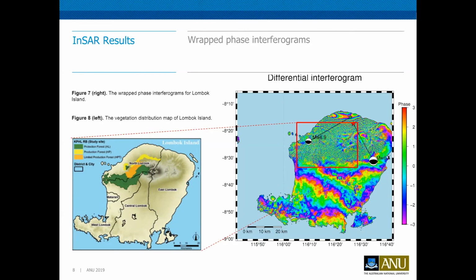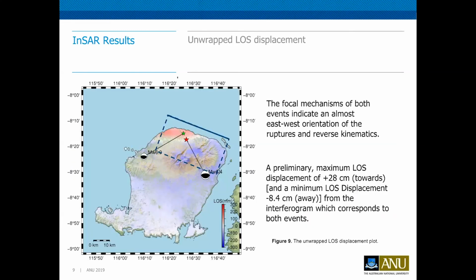So this is the unwrapped line of sight displacement result, and we can observe a preliminary maximum LOS displacement of 28 centimeters towards the satellite, and a minimum displacement of minus 8.4 centimeters, away from the satellite, which corresponds to both events.